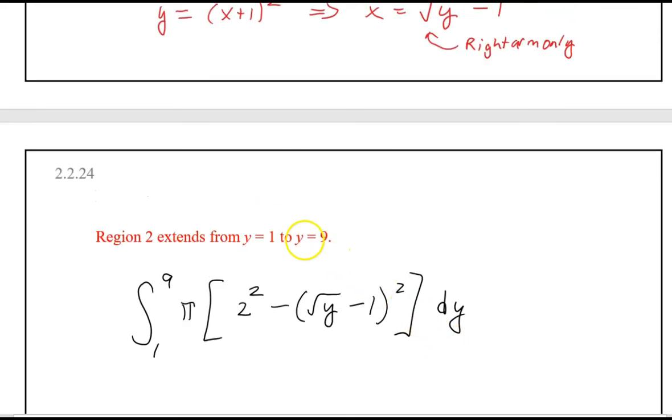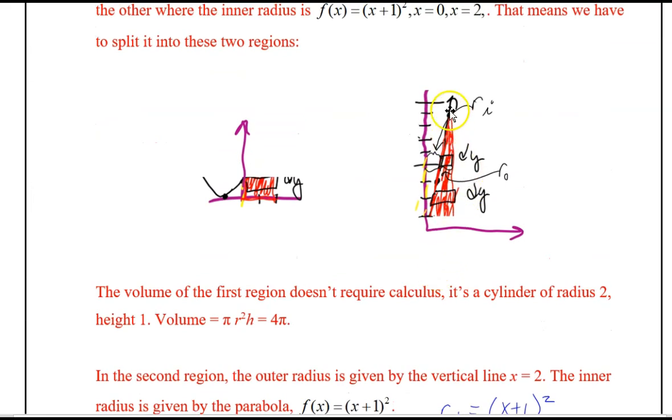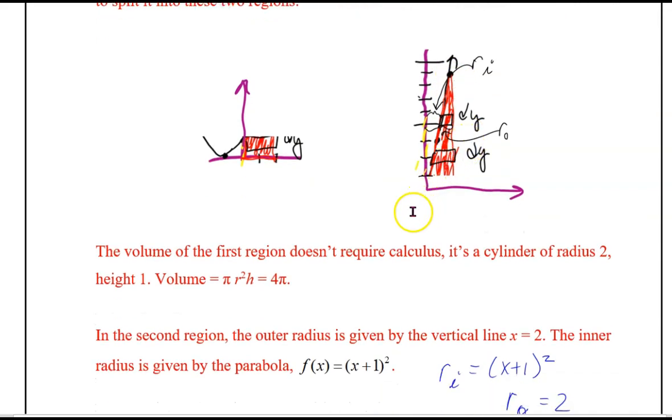Notice again that you can get the value for these here by looking at the graph and computing where they intersect. In this case, where does the curve x plus 1 quantity squared equal 2? It equals 2 whenever we're at 9.